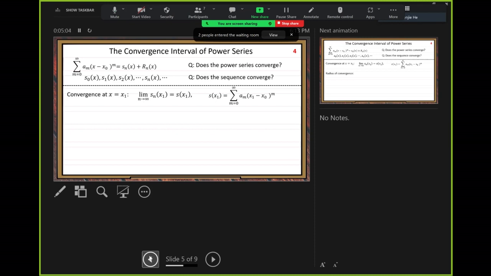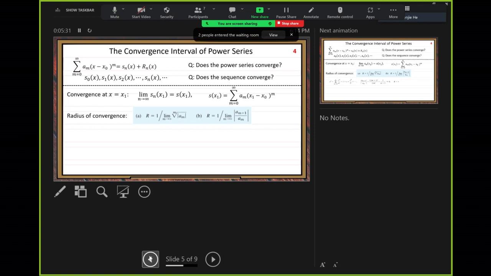Next, we have a formula to calculate the convergence interval. There is a concept called the radius of convergence. There are two formulas, both equivalent. You can treat them as two versions, and you can derive one from the other.